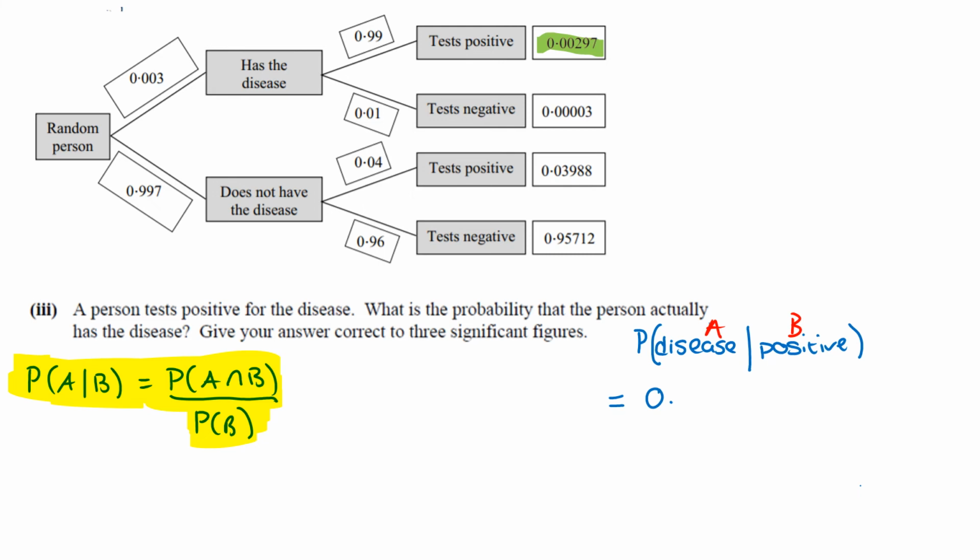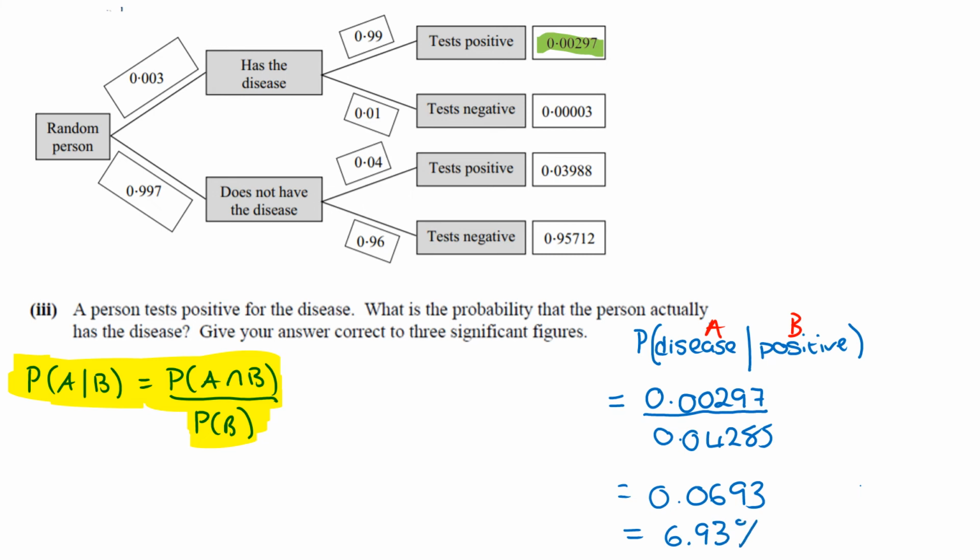So we have 0.00297 all over the probability of B, the probability that you test positive, which we've just worked out, that's 0.04285, which works out for us as 0.0693. And just to help us with the next part, I'm going to write this as a percentage. It's about 6.93%.